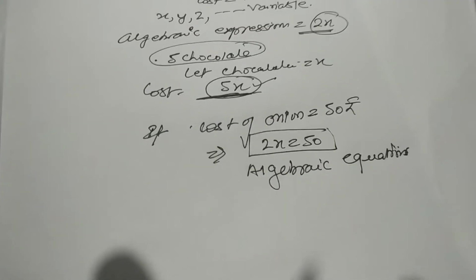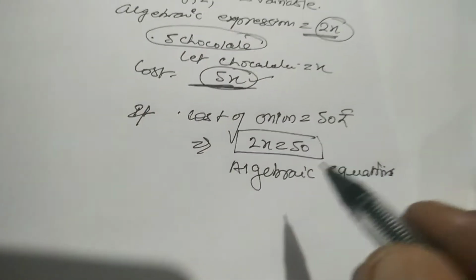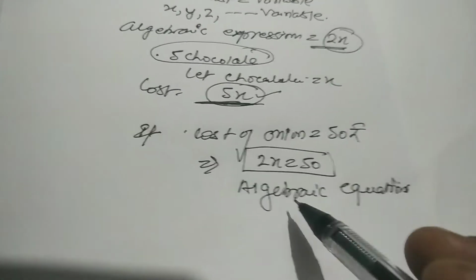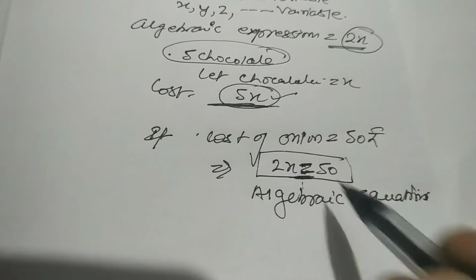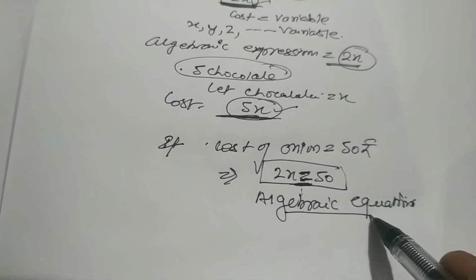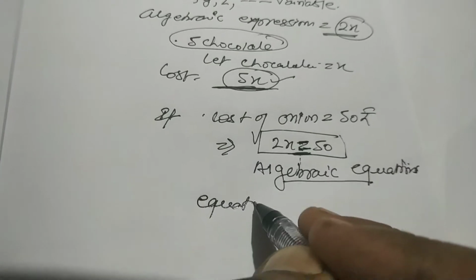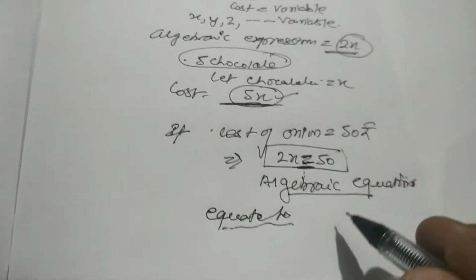If two quantities are compared and they are equal in amount, that type of expression is called an algebraic equation. Equation means to equate, to compare.